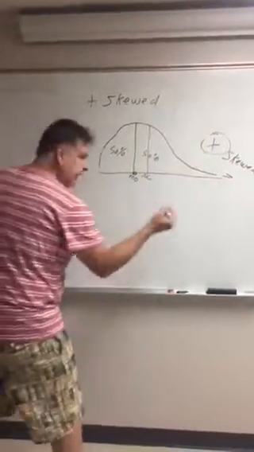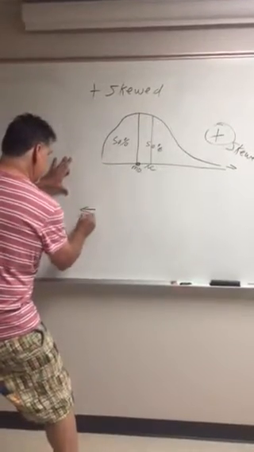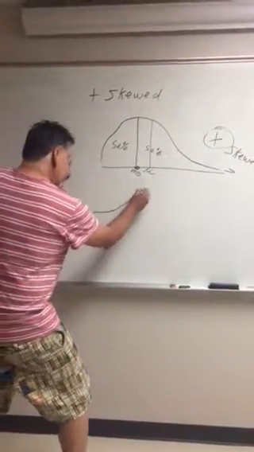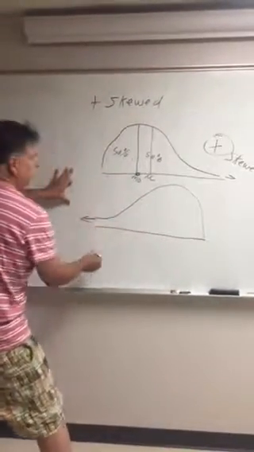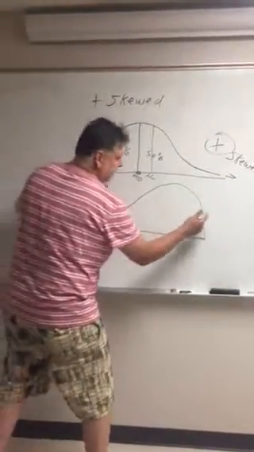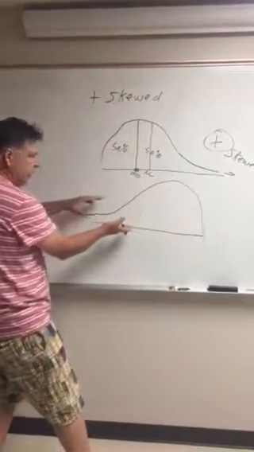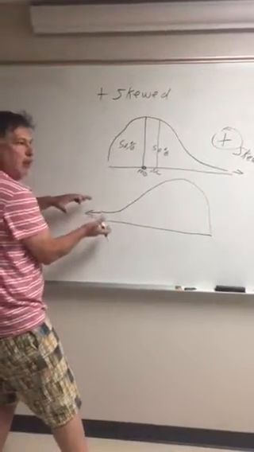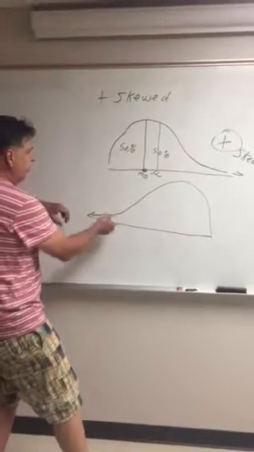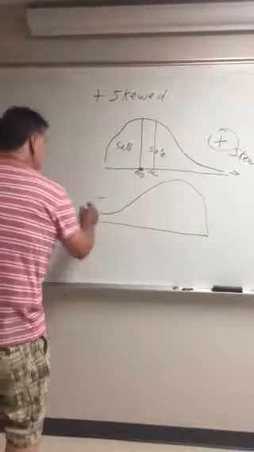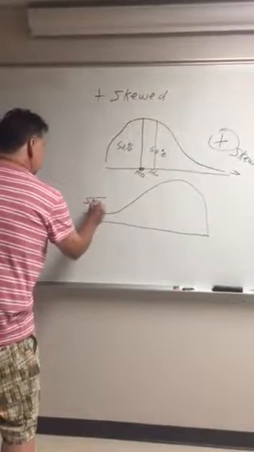So if I have a negatively skewed distribution, my pointy end is going to be over here, and the majority of my scores are going to be over here. So it's going to look something like this. It may not look exactly like this, but it's going to be shaped funny, with extreme scores being pulled to the negative side. So this would be negatively skewed.